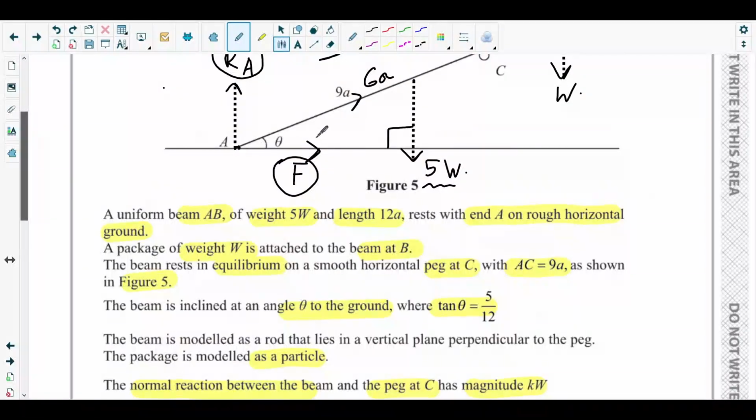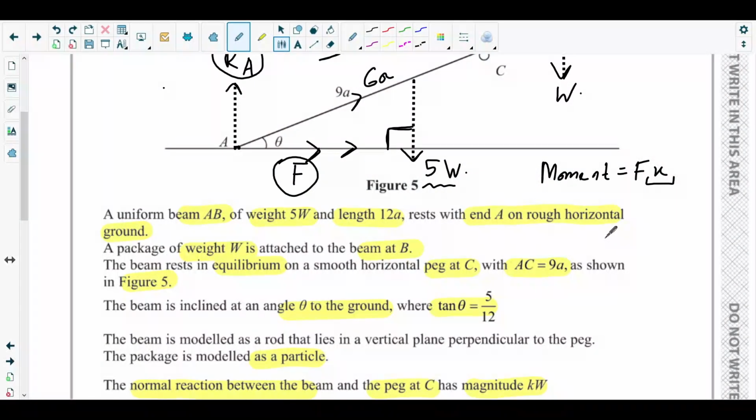Consider, we need this distance. This is the perpendicular distance. Moment is equal to Fx, where x is the perpendicular distance between the line of action of the force from the pivot. Okay, so the perpendicular distance is basically this distance, making 90° with the line of action of force.